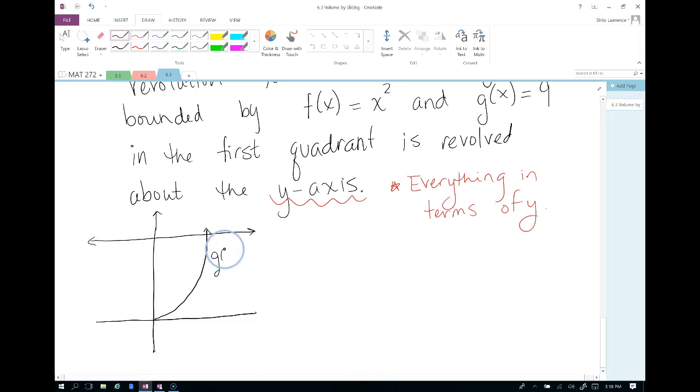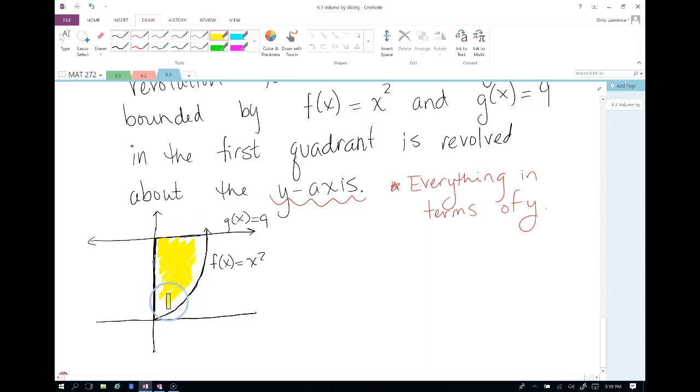If they want us to stick in the first quadrant, that means they also want us to use the x-axis and the y-axis if we need them. We don't need the x-axis because that parabola is serving as our bottom boundary. The g of x equals 9 is serving as our top boundary, but we do need the y-axis to stop us from going into quadrant 2. So this is our region.